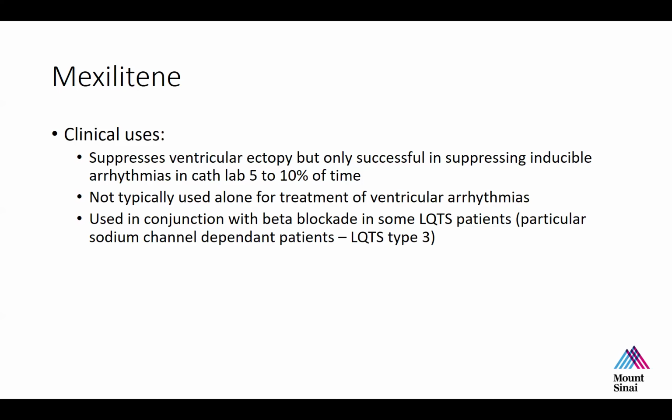Probably today, I would say the most common time that we use it in pediatric cardiology is in conjunction with a beta blocker in some patients who have long QT syndrome, particularly sodium channelopathies, long QT type 3, SCN5A mutations. And the interesting thing is not all SCN5A mutations are responsive to mexiletine.